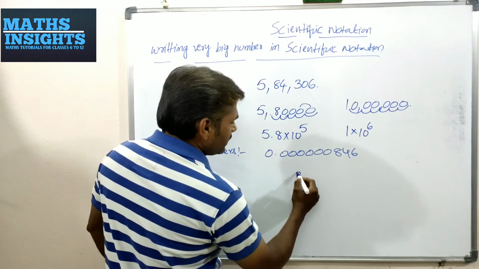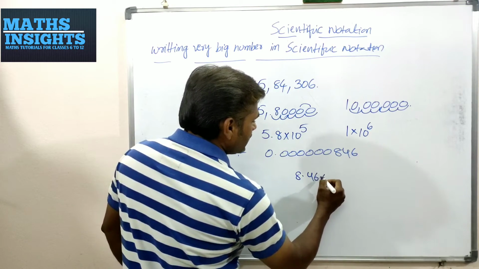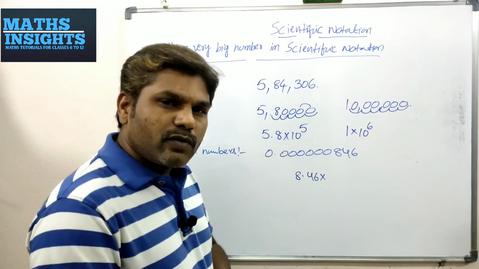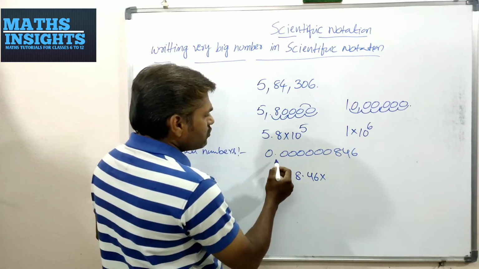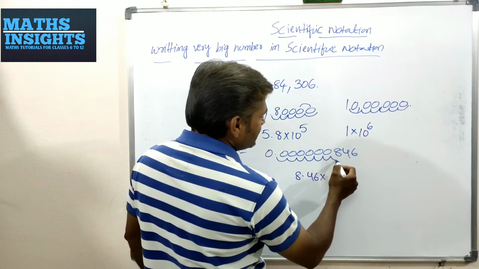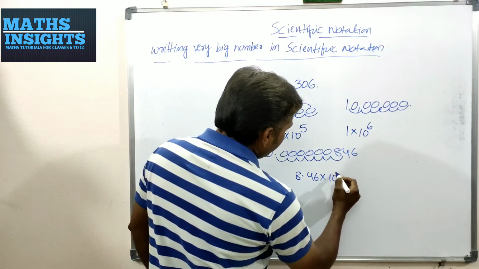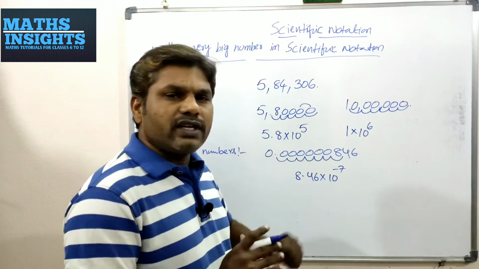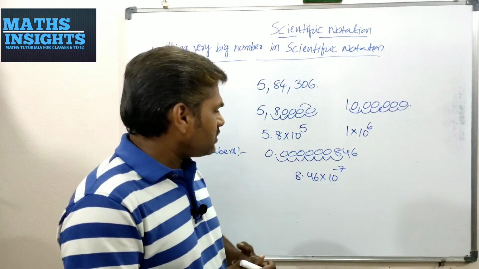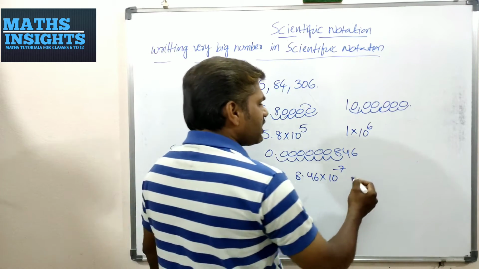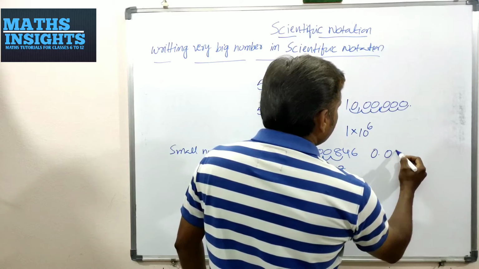So I am writing 8.46 into, count how many places I moved the decimal point towards the right: 1, 2, 3, 4, 5, 6, 7. So into 10 power minus 7. Here you are increasing, here you are decreasing. To counterbalance, you have to write minus 7. Similarly, I am taking a simple number 0.067.